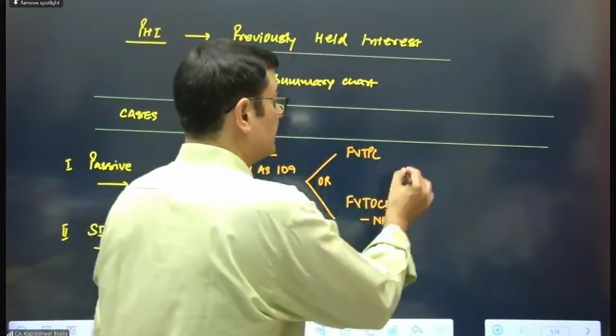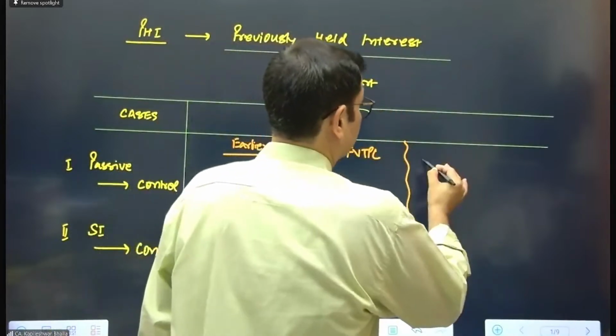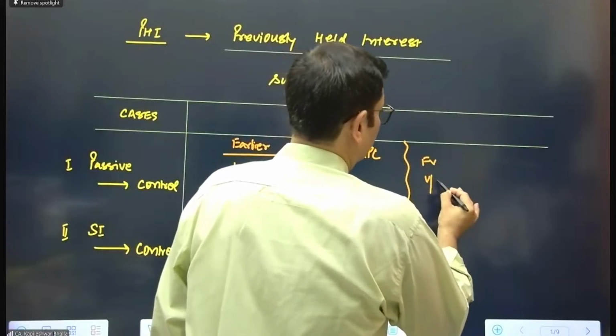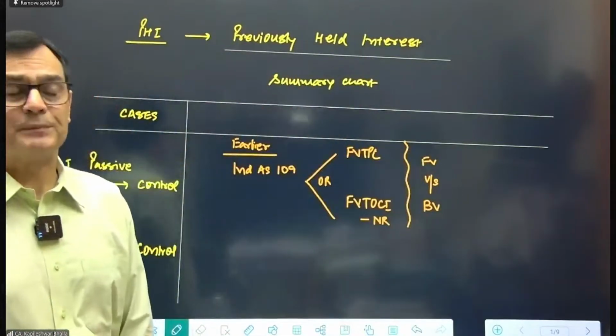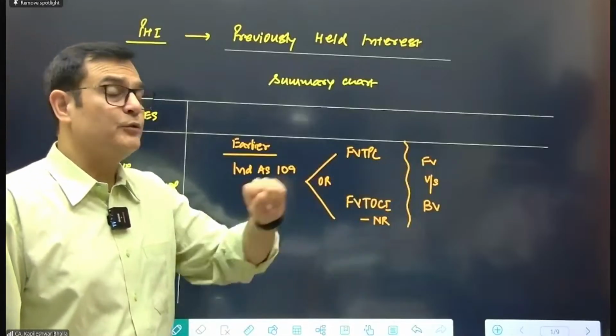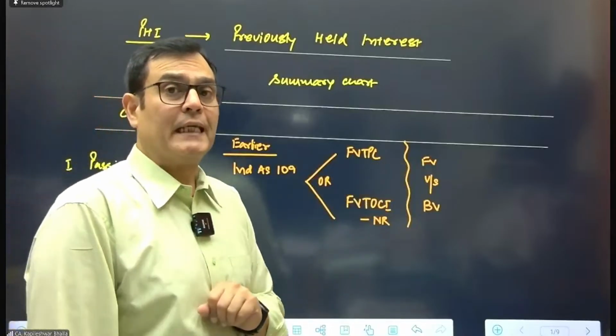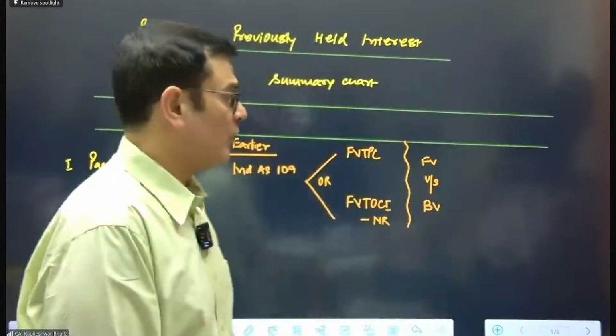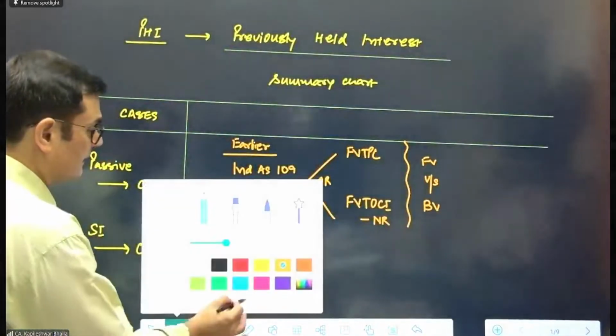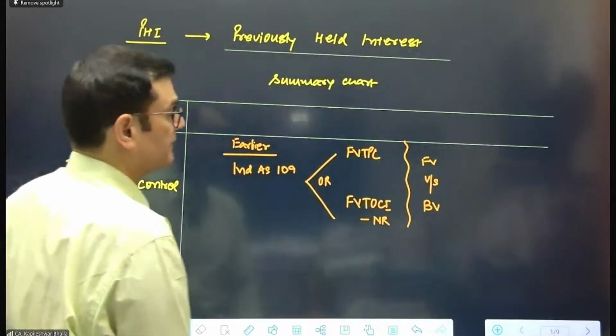In both cases, you need to compare the fair value versus the book value of the previously held investment. Consider the fair value on the acquisition date and compare it with the book value on the acquisition date. Whatever gain or loss comes in will be taken at the respective places.